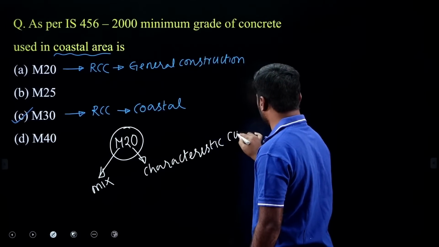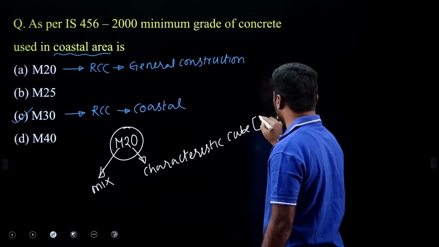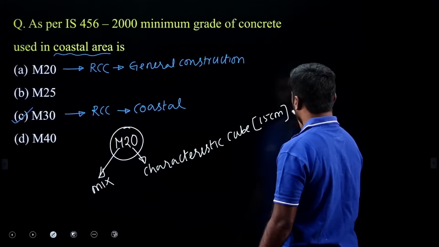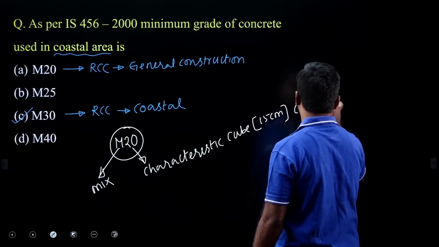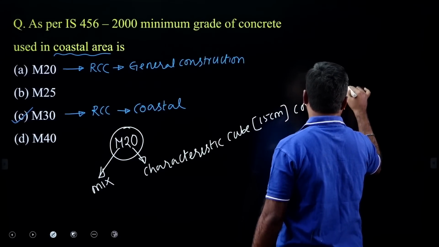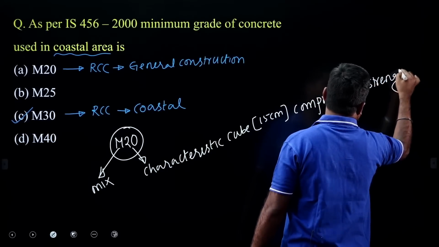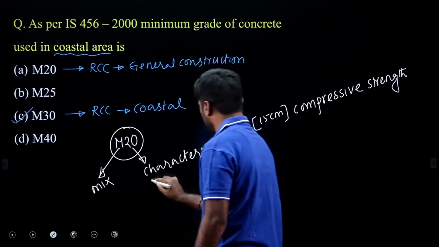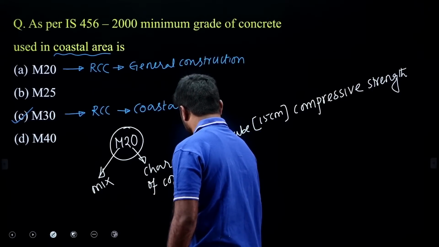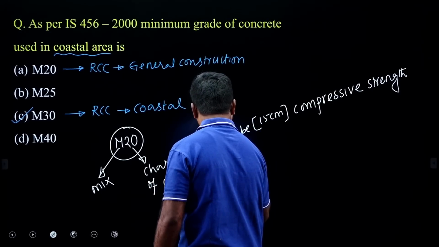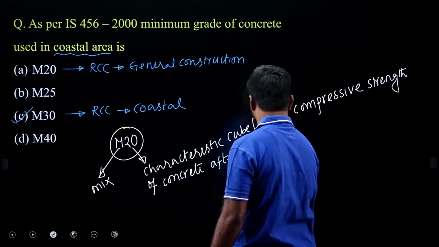Characteristic cube, what is the size of the cube? 15 centimeter, or you can write 150 mm. Cube compressive strength of concrete after 28 days of curing.